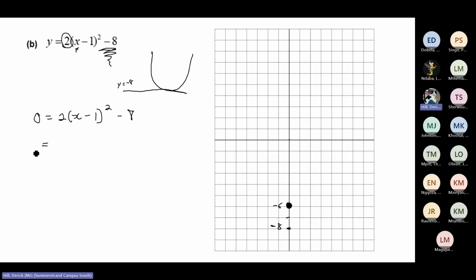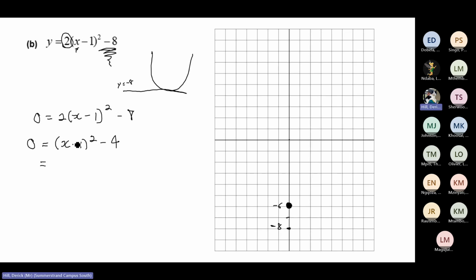I can divide both sides by 2, so that gives me 0 equals x minus 1 squared minus 4. Now I'm going to multiply.